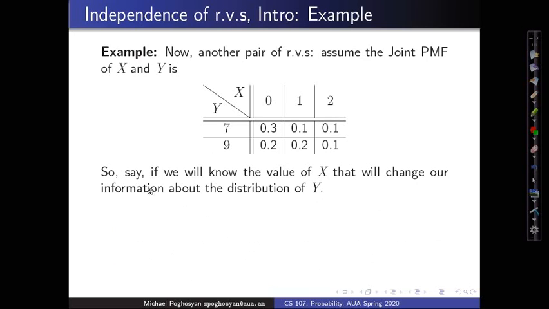So what does this mean? If we know the value of x, that will change our information about the distribution of y. If I know x is 2, then the distribution of y is equiprobable, discrete uniform, because it has the same chances for 7 and 9.